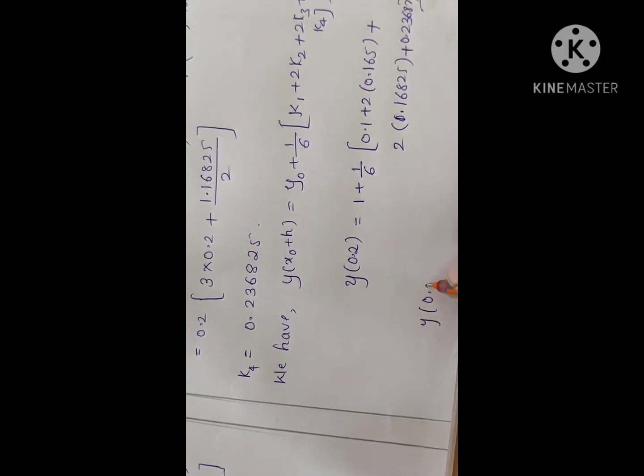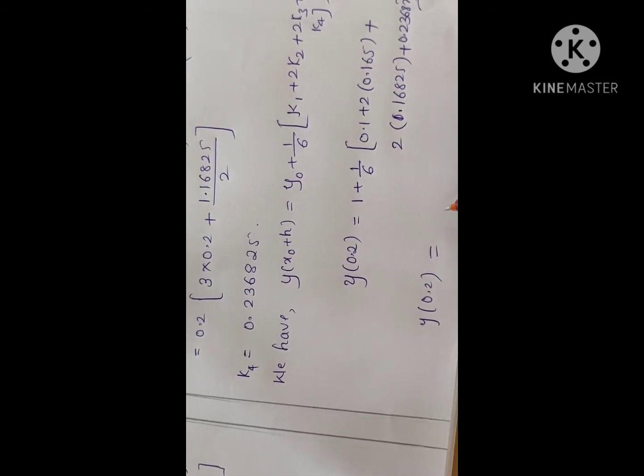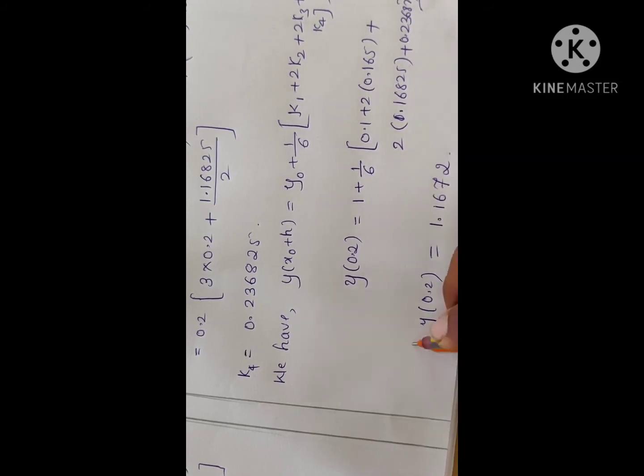When you simplify, you will get the answer as 1.1672. This is the required solution of the differential equation at the point 0.2, that is 1.1672.